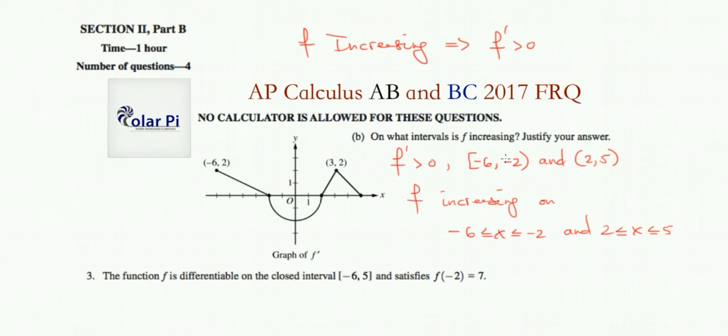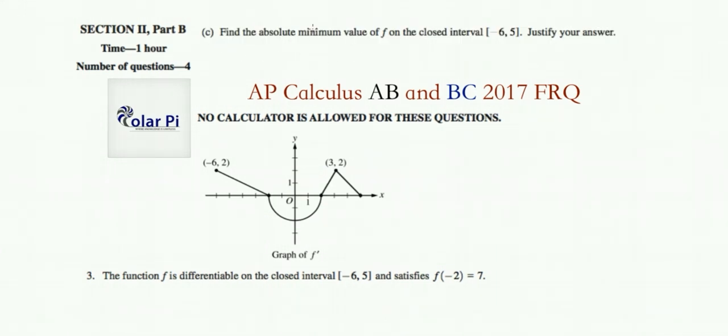Part C coming up. So in part C here, we have to find the absolute minimum value of the function f. Yeah? Okay, cool. So how do we do this? Well, remember, absolute extrema, whether it's absolute minimum or absolute maximum, require that we consider values of the function f at the endpoints, and then where f prime is equal to 0, or where f prime is undefined.